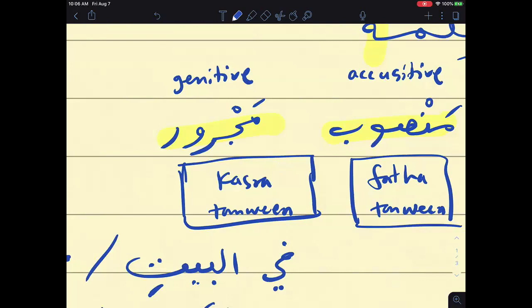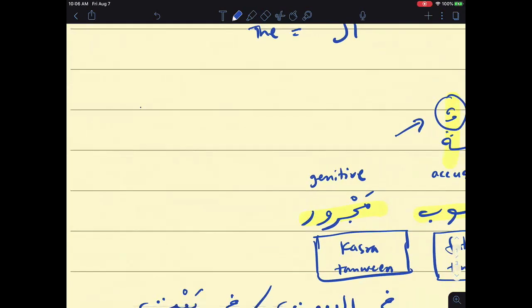If you don't know the English, because the problem is, I keep saying that we don't study English grammar, so we probably never even heard what genitive means. In English, we have something called the genitive case. For example, this is the exact situation when we study the next chapter: Muhammad's book.